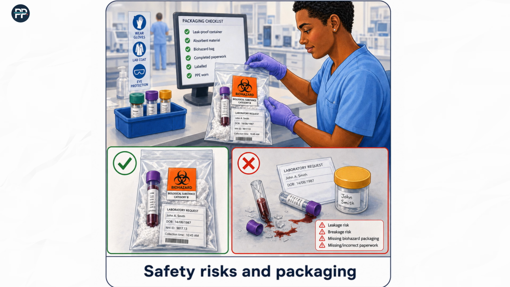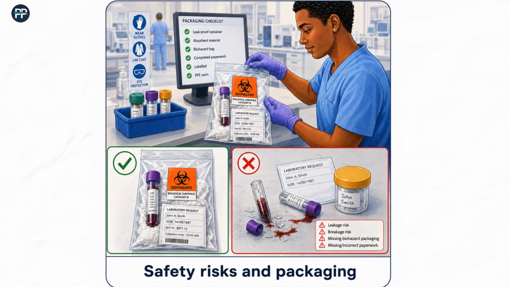The samples are then received by laboratory administration staff or laboratory assistants at specimen reception. Before the samples are logged into the laboratory information system, staff must check that they are safe to handle. This includes looking for obvious health and safety risks.